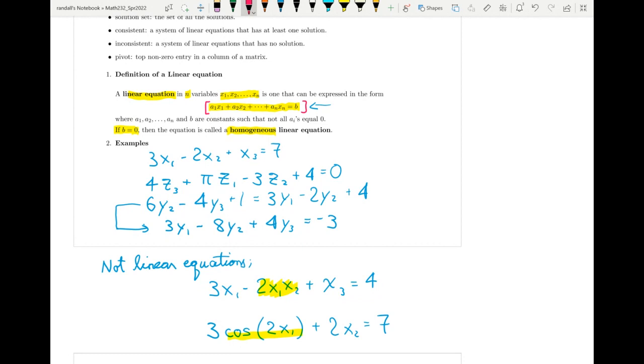So these are two examples of nonlinear equations, and that is not the subject of this course. You might find things like this in your calculus courses. Because you're not dealing with terms like this, linear equations are rather simple.